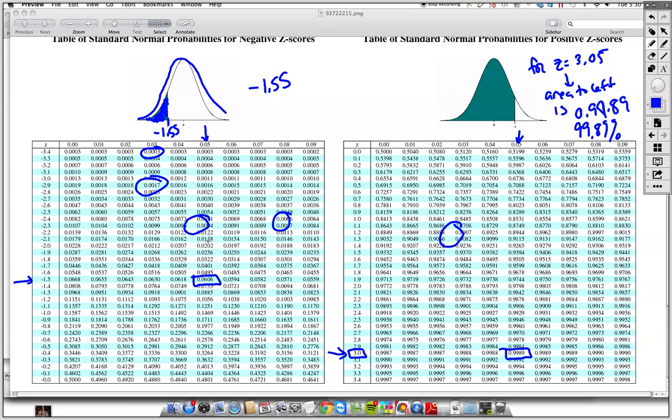So the area under the curve there is 0.0606, or 6.06% of data lies to the left there. And it's always to the left. When you're reading these tables, it's always to the left. Okay, so there you go.